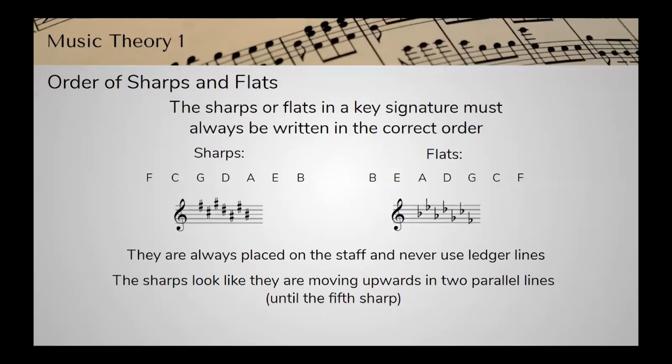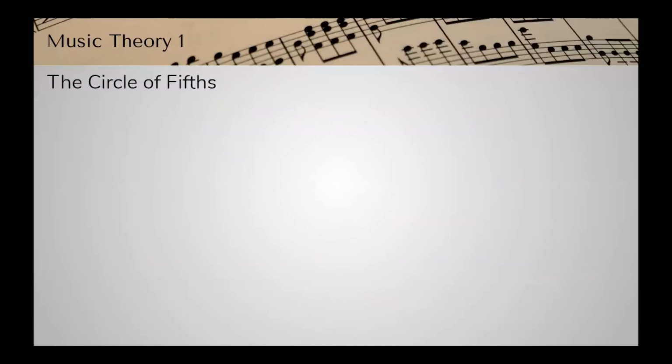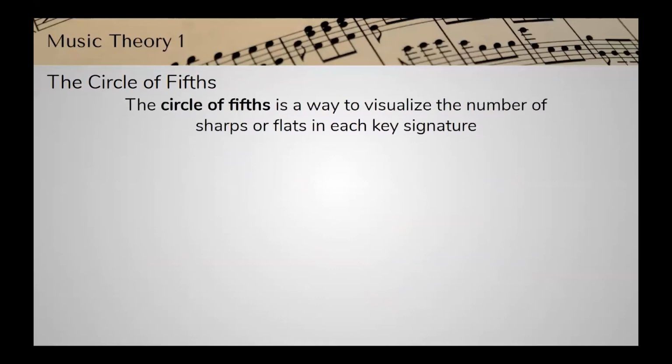They kind of look like 2 parallel lines moving upward until that weird 5th sharp, right? And the flats do the same thing. They look like 2 downward parallel lines like that. So that's another way of kind of remembering, or kind of checking yourself to see if you have the right order.